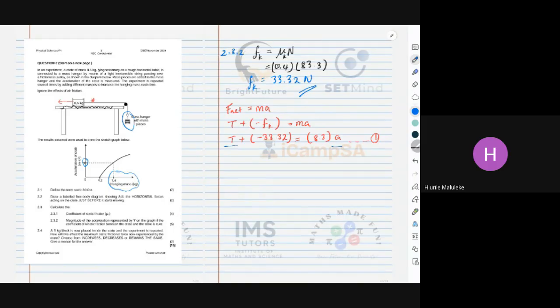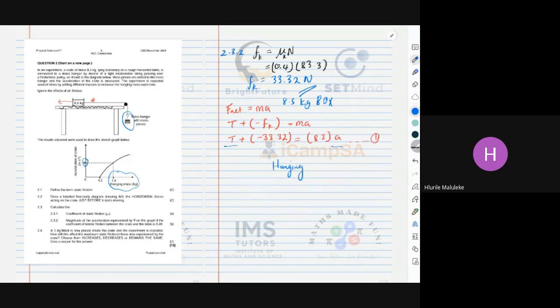So we can do it like this then. This is for the 8.5 kg box here, which is your crate. Then here, the hanging mass. For the hanging mass, we also did the free body.